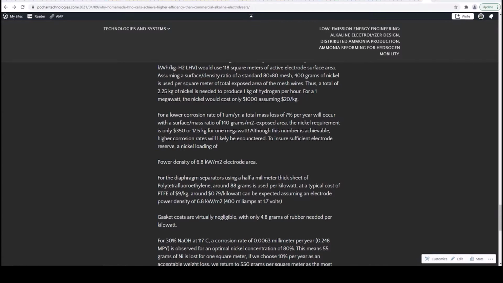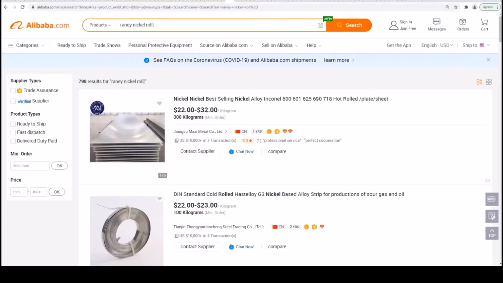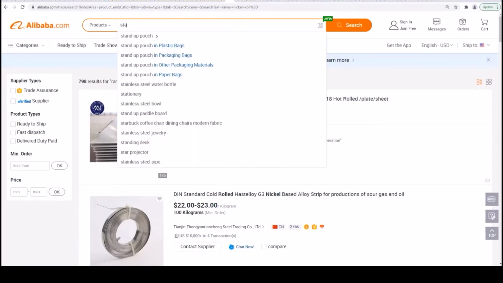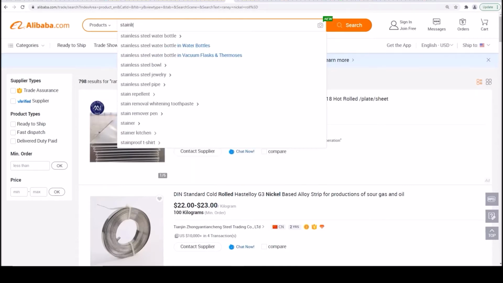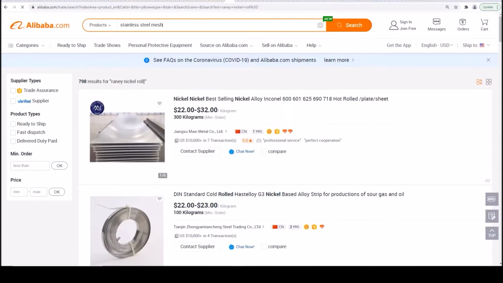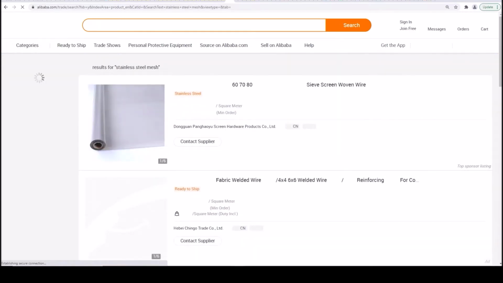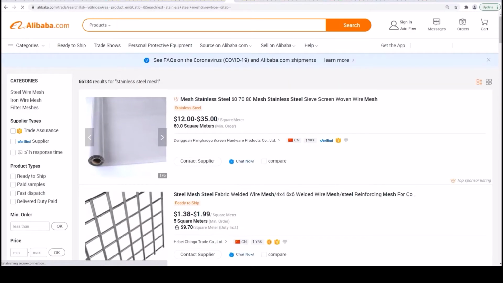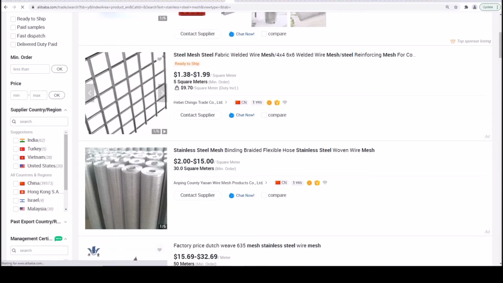So, if you go on Alibaba and you look for meshes, the price varies a lot. But let's say you want to get a stainless steel mesh, right? To work out the cost of a mesh, you can figure out what a stainless steel mesh costs, and then you can adjust for the material. So you can find anywhere from $12 to $35 a square meter.